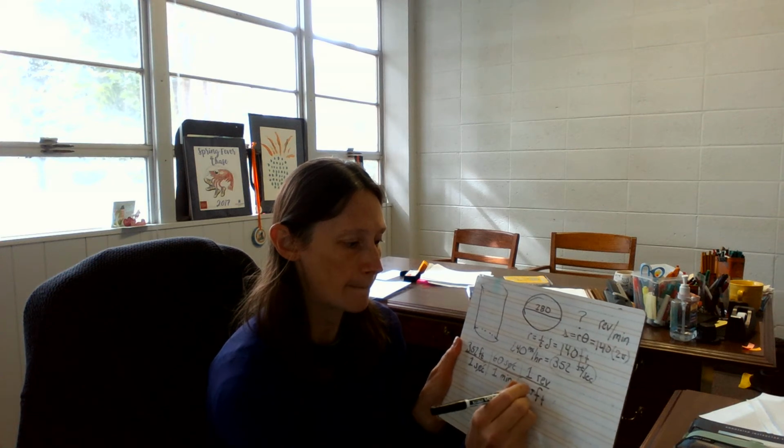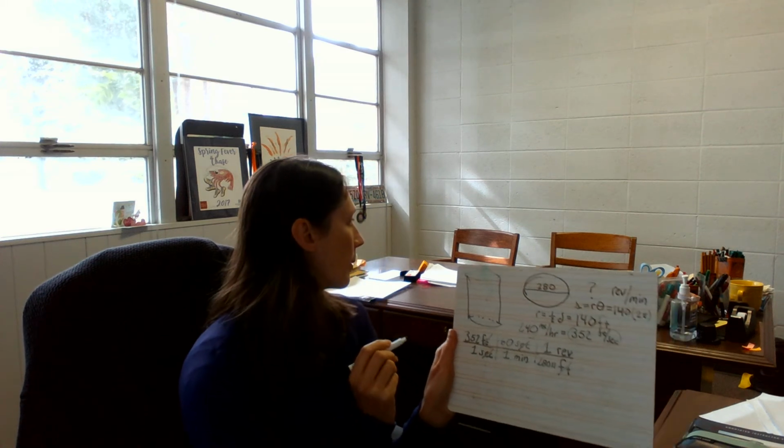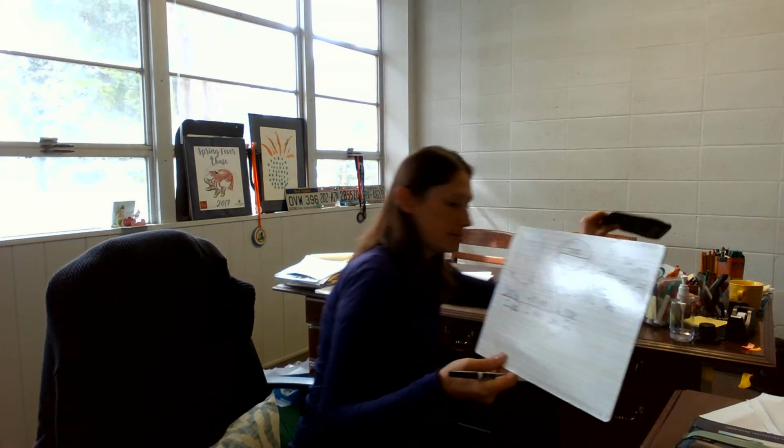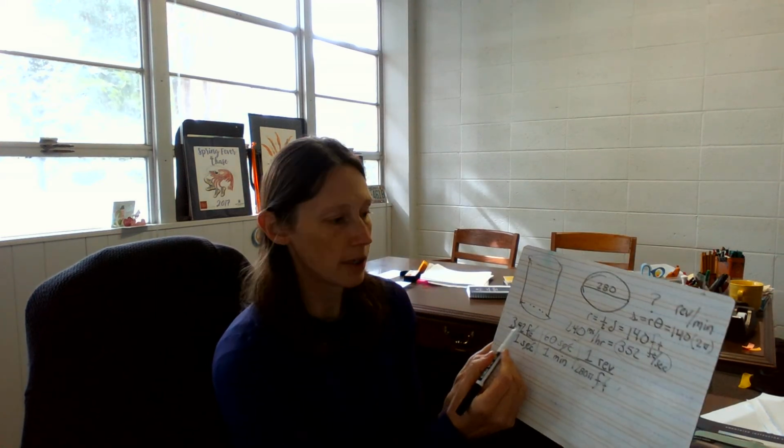So that's how many feet are in my revolution, 140 times 2 pi. I'm going to replace this question mark with 280 pi. If I just do the computation, 140 times 2, 280 pi. And my feet will cancel, and I'll have the correct units of revolutions per minute. When I'm doing this computation in my calculator, I need to multiply 352 times 60 and then make sure 280 and pi are both in the denominator.